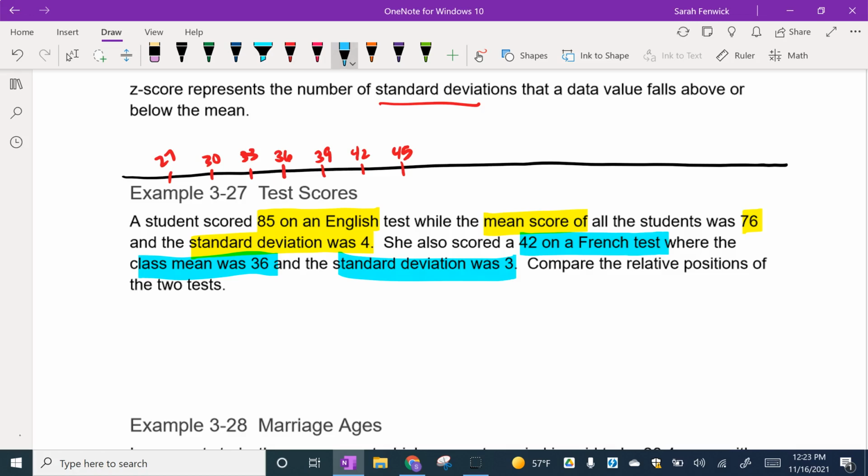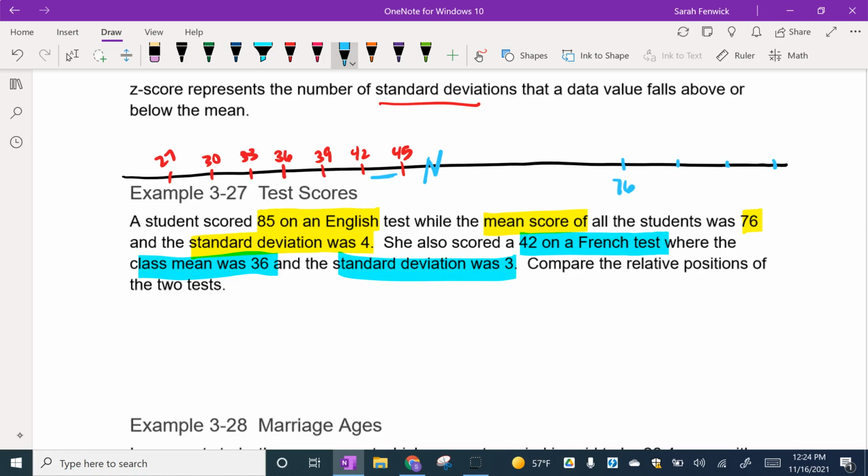All right, then we talk about our English test. I'm going to break my axis right here because these scores jump a long way on the number line and it doesn't all fit together exactly right. So 76 here, and the standard deviation was 4. So whereas this was only 3 over here, we're going out 4.